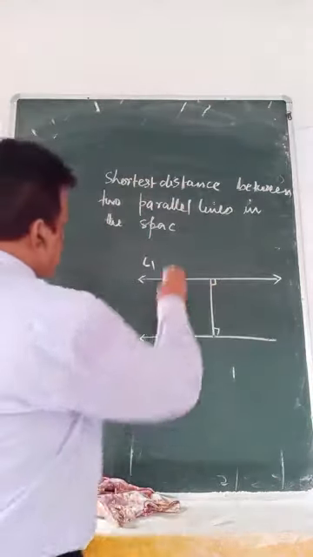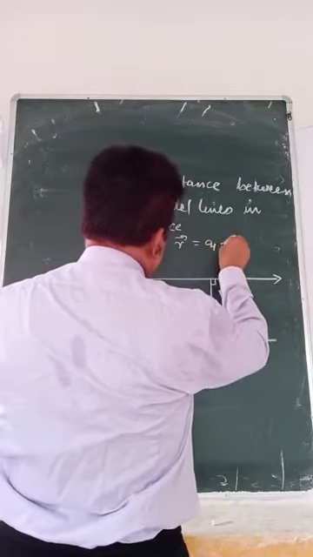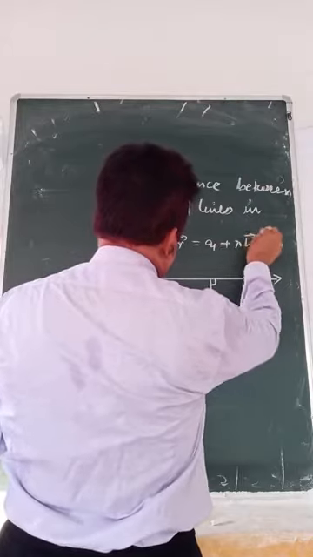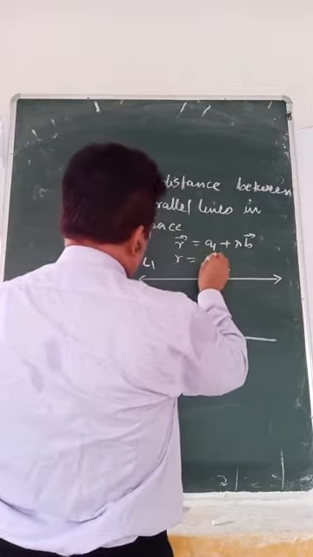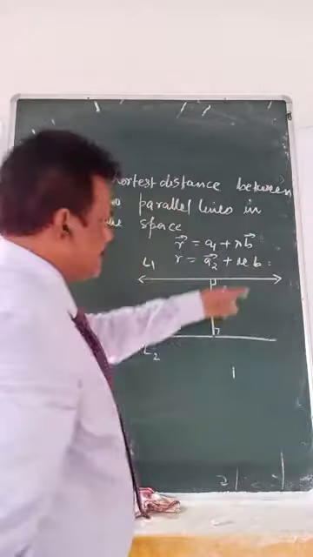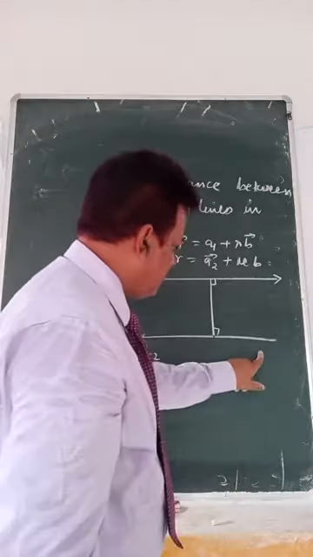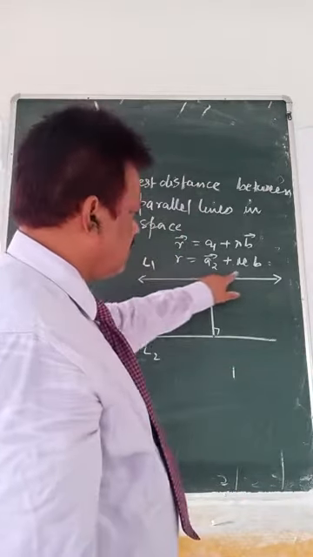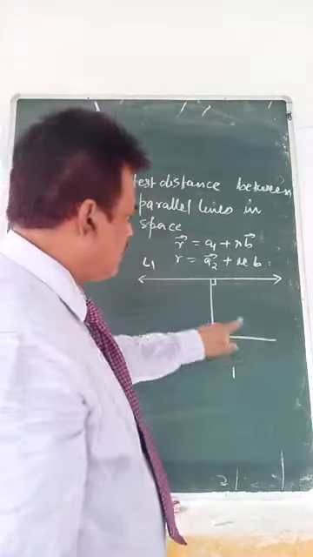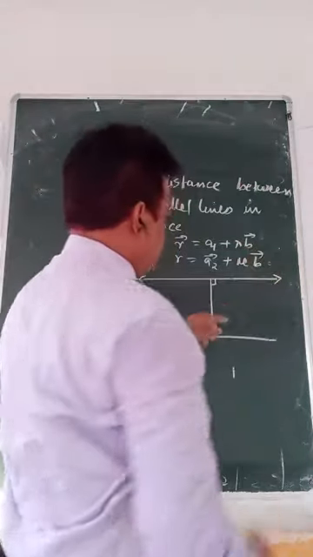So we have taken R equals A1 plus lambda B, R equals A2 plus mu B. Look at the difference. The parallel vector will be the same, because any line parallel to this will also be parallel to this, since these two are parallel lines, so we will not have B1 and B2. It will be the same B here.